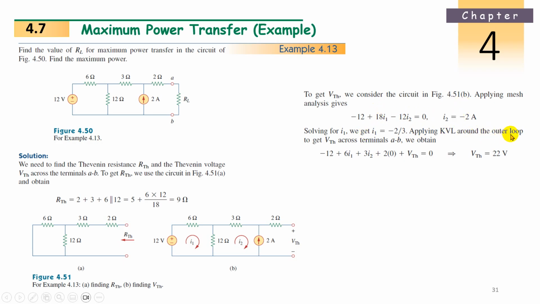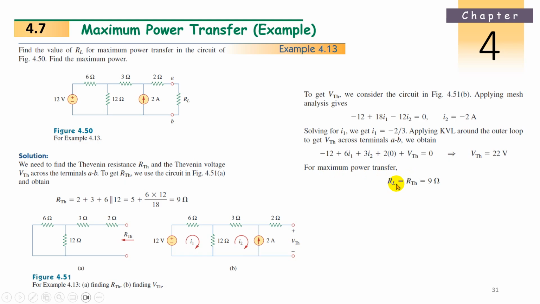Now apply KVL around the outer loop to get the V Thevenin across terminals A and B. So it will be minus 12 plus 6 I1 plus 3 I2, plus 2 into 0 because there is no current in this resistance, plus V Thevenin. Then you can find V Thevenin as 22 volts. The outer loop is not for mesh analysis, it is for finding the V Thevenin. So V Thevenin is 22.